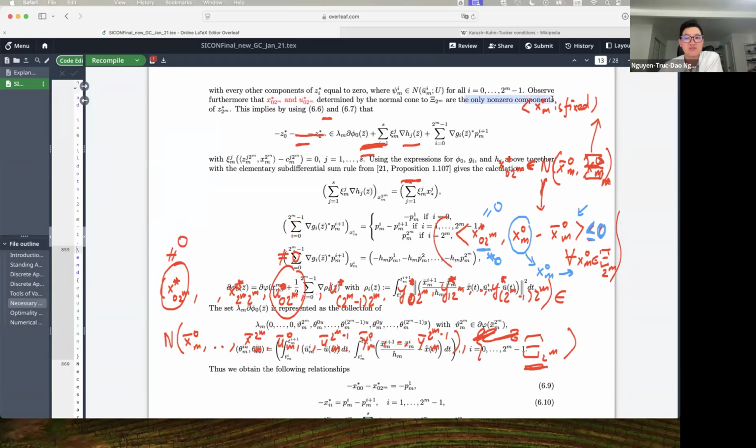That's why we have this step. When I continue with similar calculations, I will also have u dot star 0 to m as the only non-zero components as well.